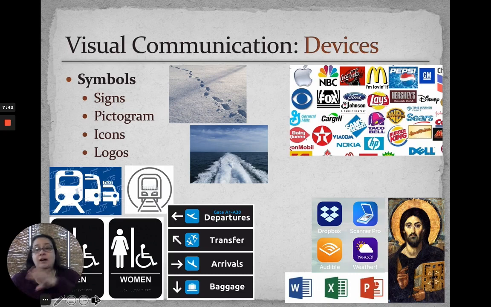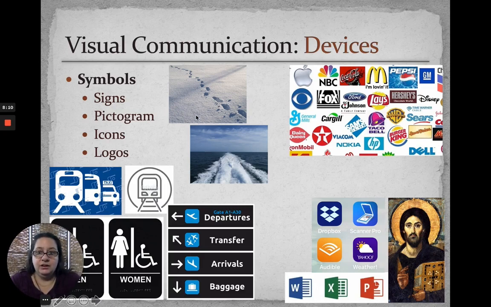If I back up for a second, what are symbols as a whole? Symbols are something that stands for something else. Instead of showing what you're trying to communicate, you're showing something else. At a very basic level, symbols are a stand-in for another idea, object, or place.